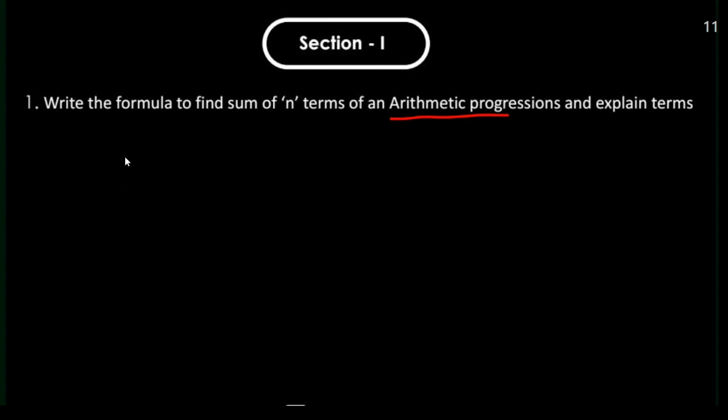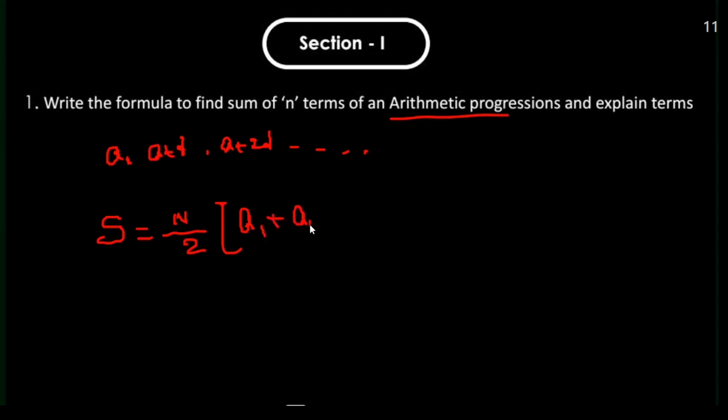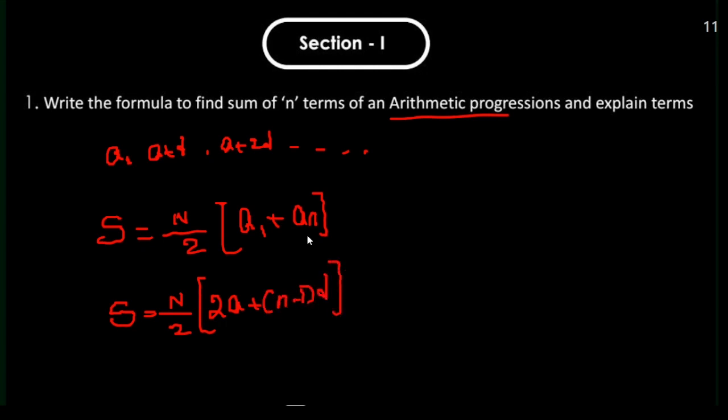In an AP, the series goes a1 or a, a plus d, a plus 2d, and so on. Now for the sum of n terms, the formula is S is equal to n by 2 into a plus an, or else we can also write S is equal to n by 2 into 2a plus n minus 1 into d. These two are the sum of n terms in AP.